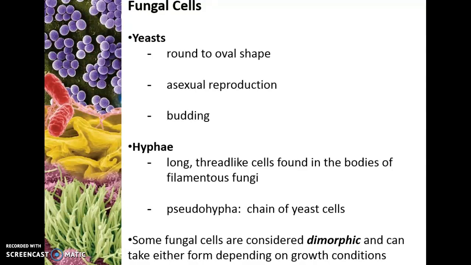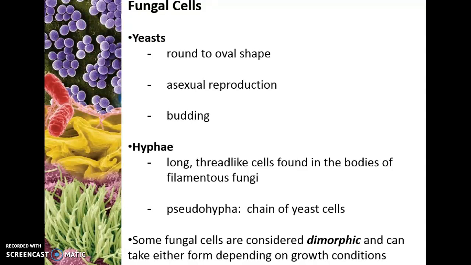The filamentous fungi is often what you see on bread, on fruit, and that fungus is generally furry-like, right? So that furry-like feature of fungus is because of the hyphae, those long thread-like cells.